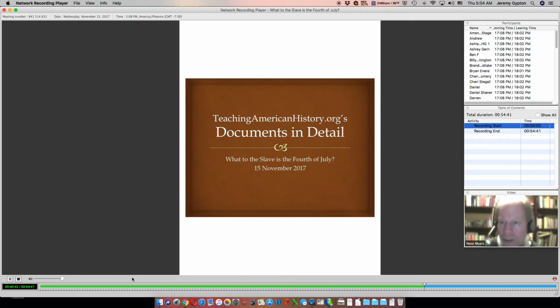I mean, even when Garrison starts calling for the dismemberment of the country, it's not clear that that got a great big national reaction either. So it may be that the rest of the country thinks, well, this is more of the same from these radical abolitionists, without paying a whole lot of attention to the details.